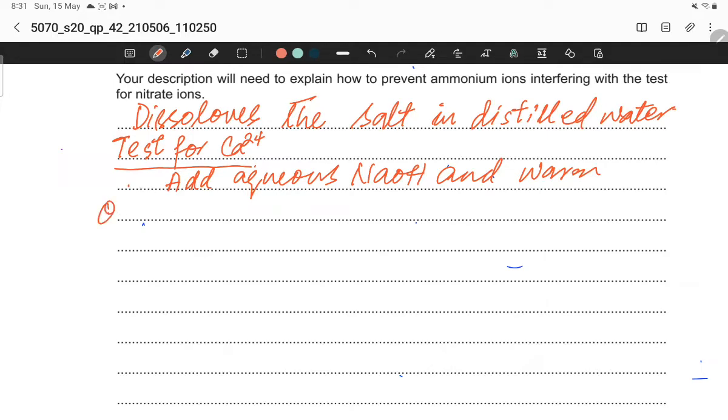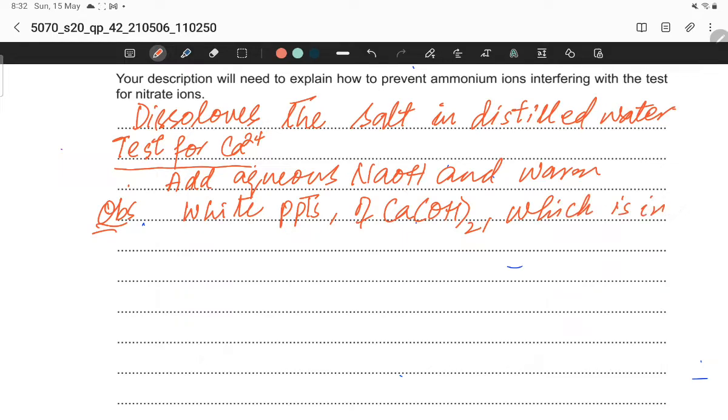This is the test, and the observation will be white precipitate, white precipitates of calcium hydroxide, which is insoluble in excess sodium hydroxide.